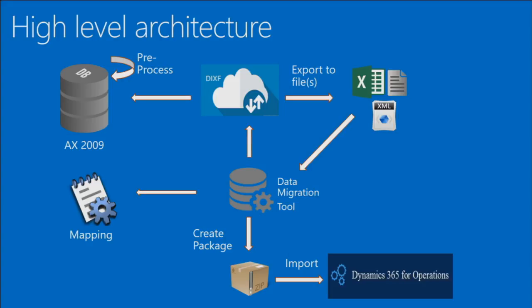After the script normalizes all the target tables into this staging area, the SSIS package will run, grab the data from the staging on the source, and move it into a zip file, a data package file. If you're familiar with how D365 works, you'll understand what a data package is. It's essentially a package that has the data file itself with some mapping information in there. We'll then take that data package and load it into the target system.